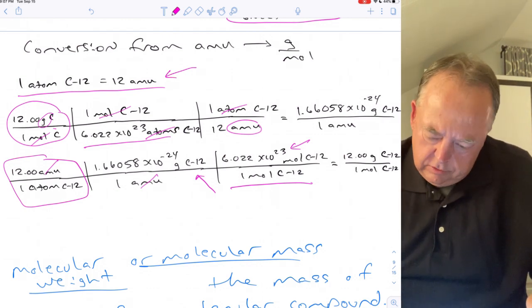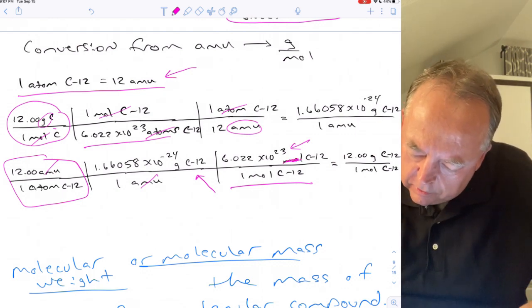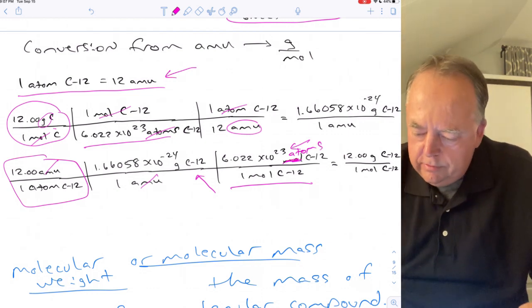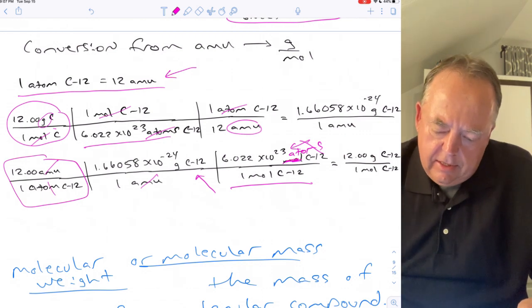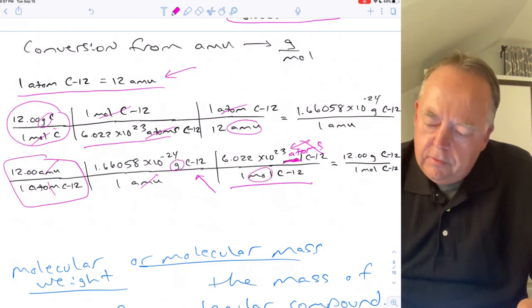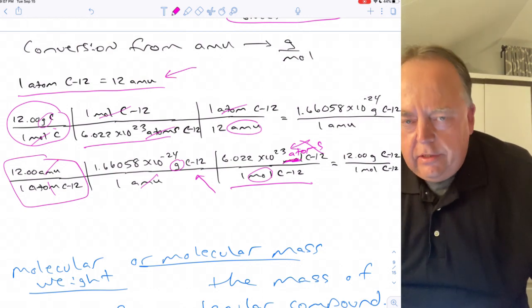Let's see, what else cancels out? This is atoms, not mole. Right, 6.02 times 10 to the 23rd atoms of carbon-12 in 1 mole. So then atoms cancel out, and you're left in units of grams per mole. Right, so 12 AMU per atom is the same thing as 12 grams per mole.